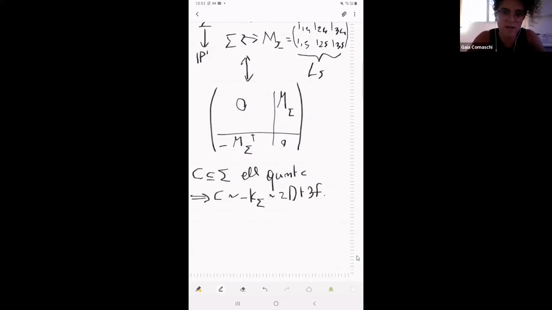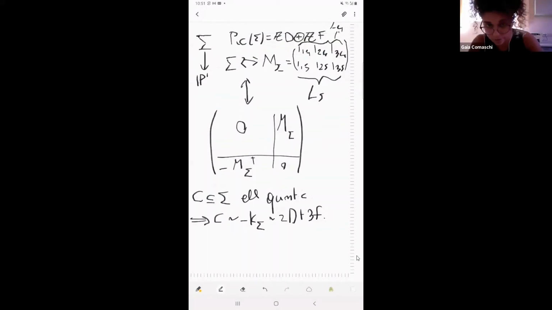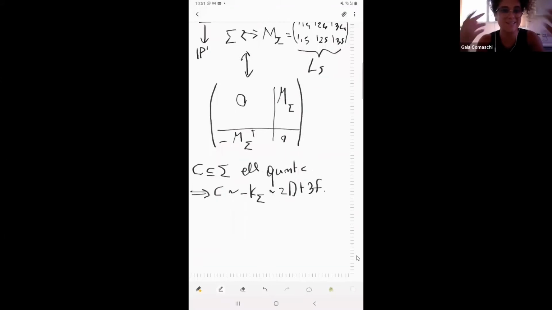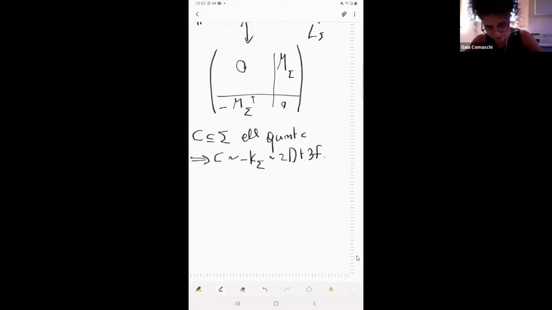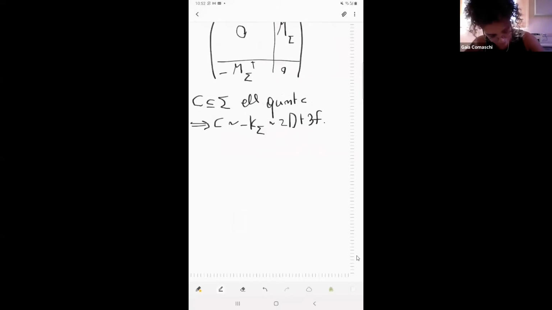We already have a three-dimensional space of quadrics that contains the curve C, that are simply the quadrics defining the scroll. In other words, that are the minors of the matrix M sigma. So we'll still need a two-dimensional space of quadrics that contains the curve C. But then this is just the space H0 of sigma, O(H minus C).